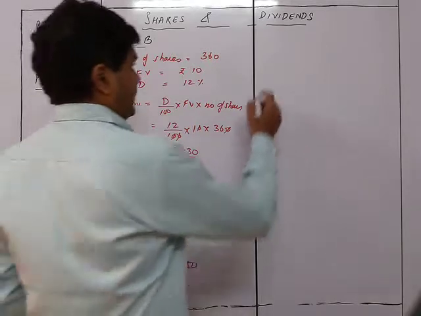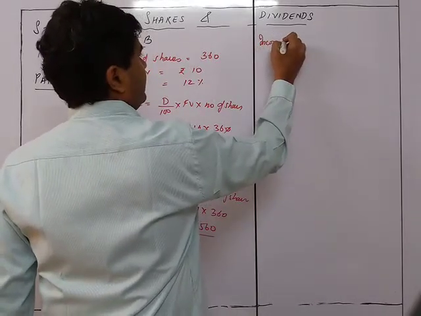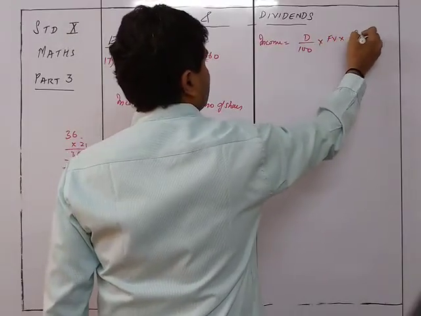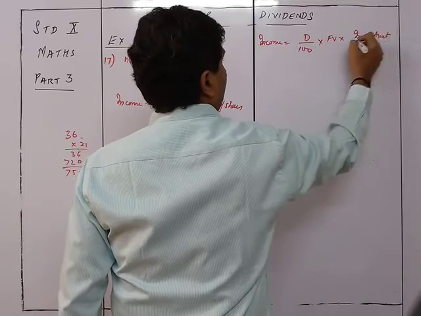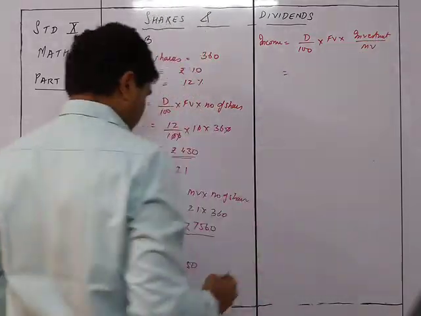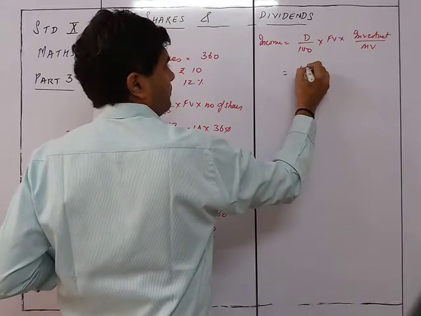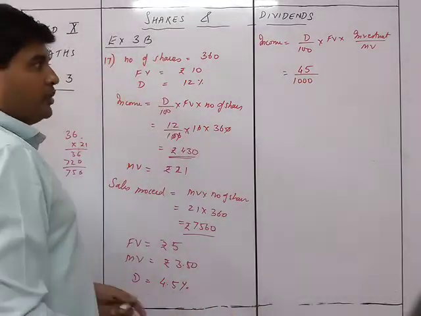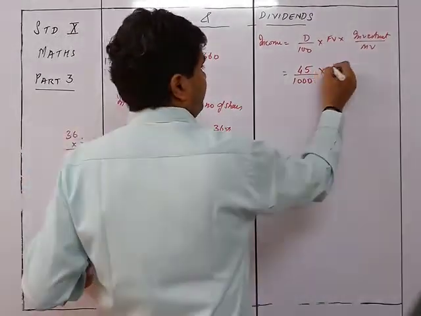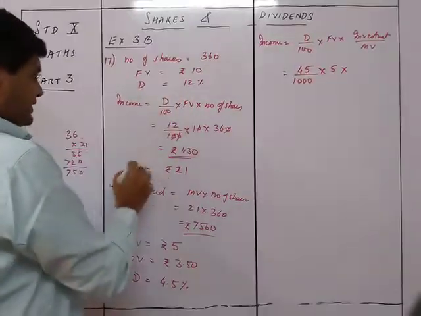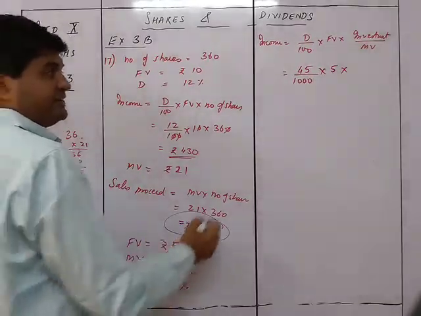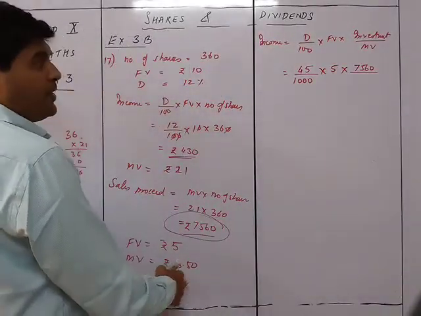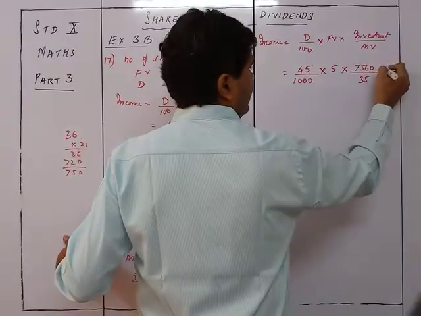Now we are going to find out the income from this. For that, what do we require? Income is equal to dividend percent upon 100 into FV into investment upon MV. Dividend percent is 4.5, so let us make it 45 upon 1000. FV is 5. Investment is nothing but the sales proceeds we got, 7560, into MV is 3.5, so take 35 into 10 upward.